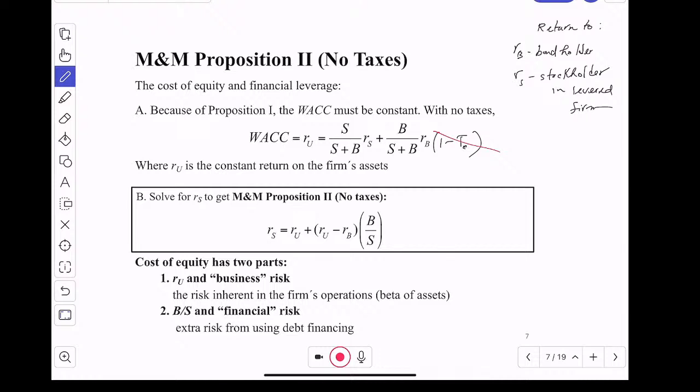I'm going to use the symbol RS for return to stockholder in the levered firm, and RB for return to the bondholder, and then RU as the return to stockholder in the unlevered firm.